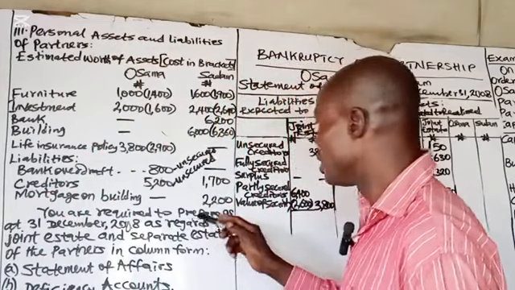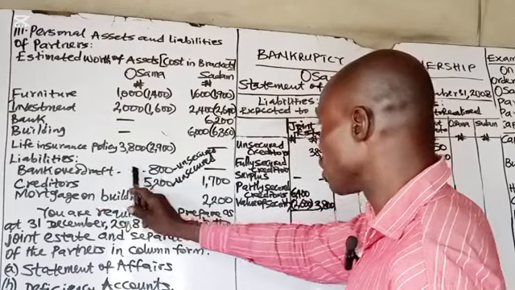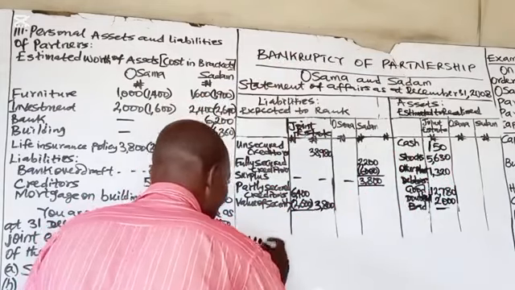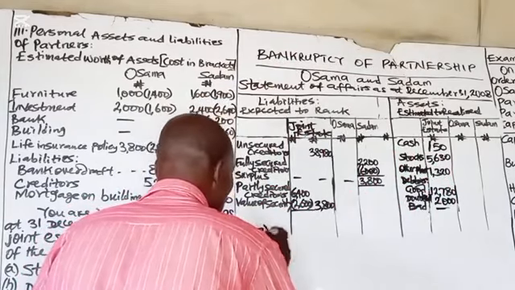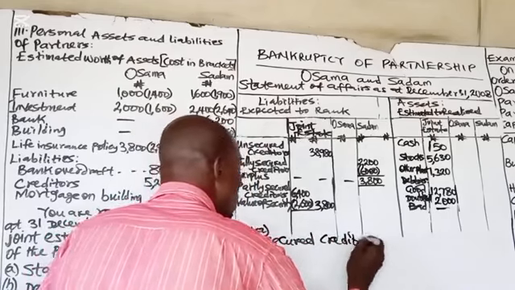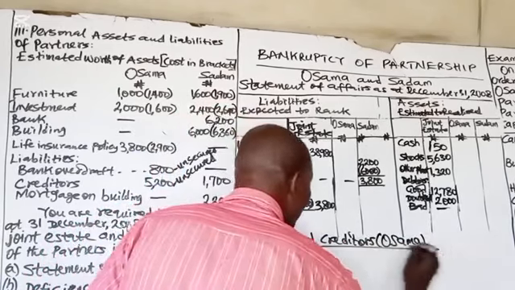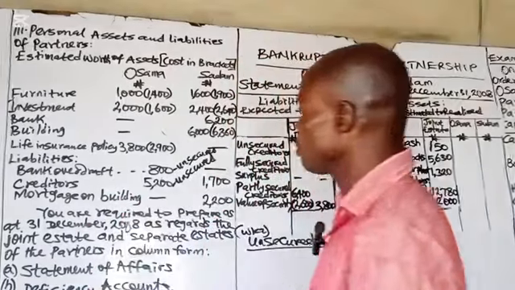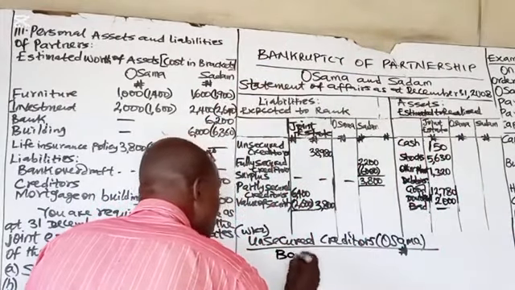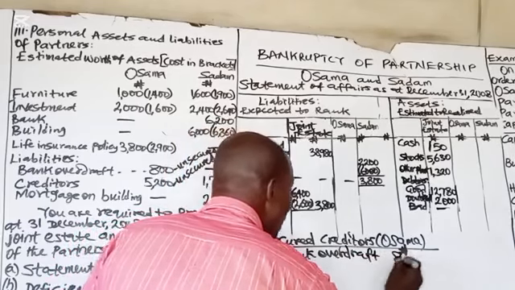So remember, we said the bank overdraft is unsecured. So unsecured creditors for Osama, working 2. It comprises bank overdraft 800 naira.